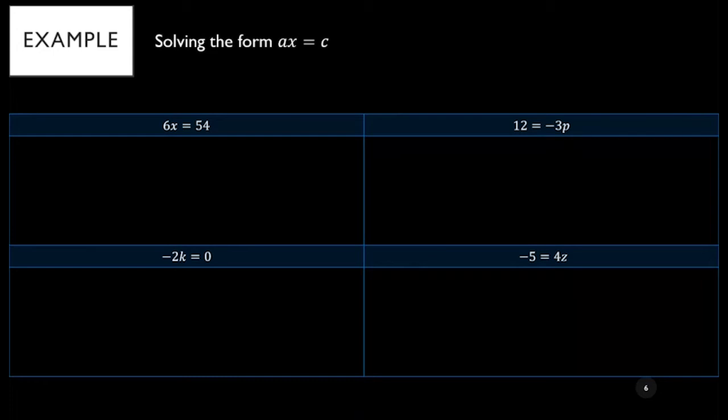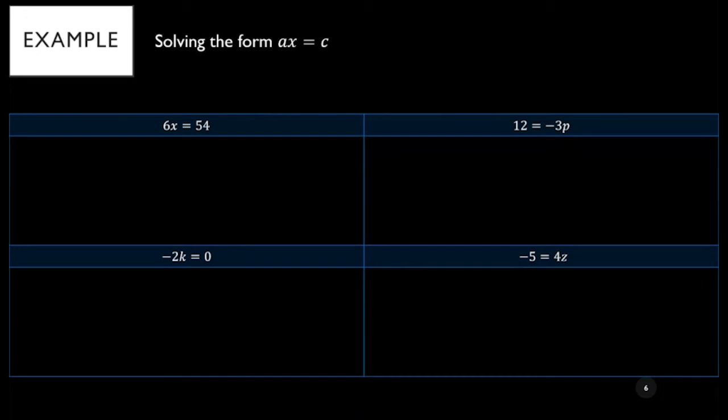So when you see AX equals C, it's assumed that A and C are numbers and X is the variable. Now, when you actually have numbers in it, it's very clear what the variable is, because it's the only thing that's not a number. All of these are in that form where you have a number times a variable equals another number. It doesn't matter whether it's on the left side or the right side of the equation, because they're still equal. Just as long as you have something times variable equals something.